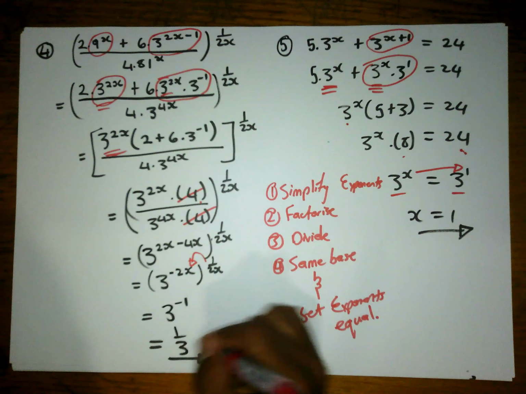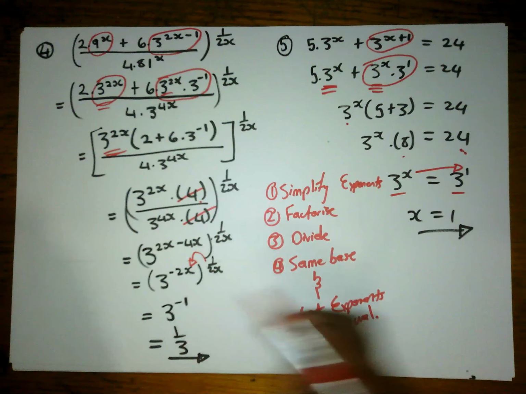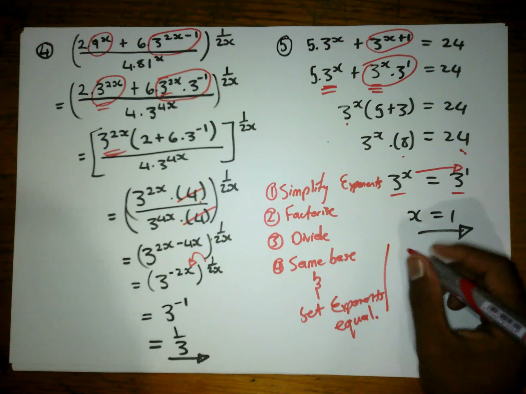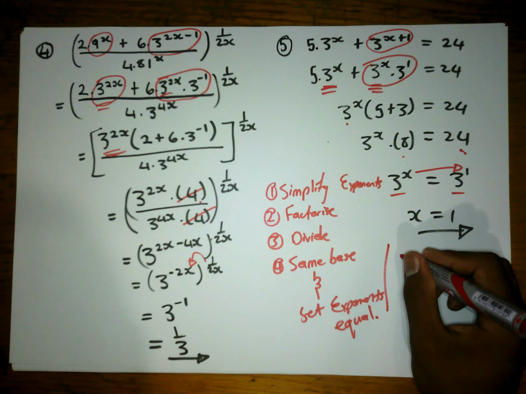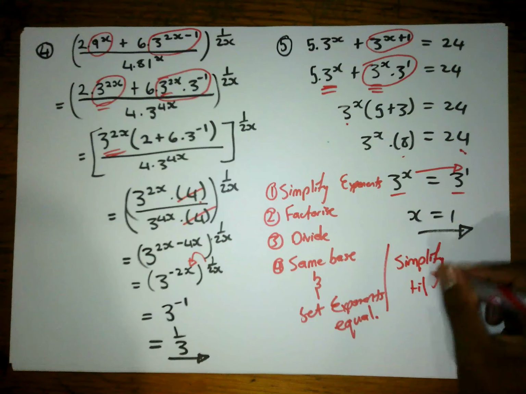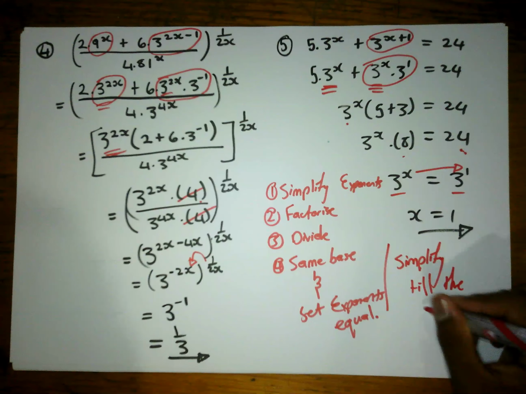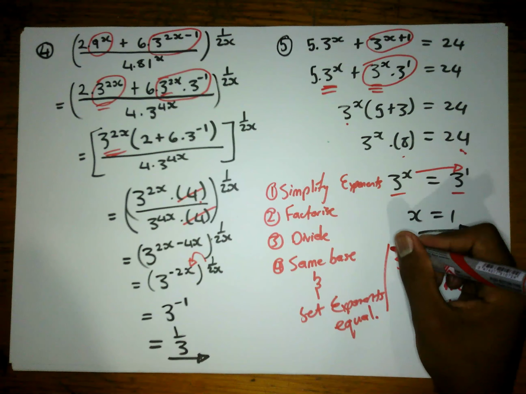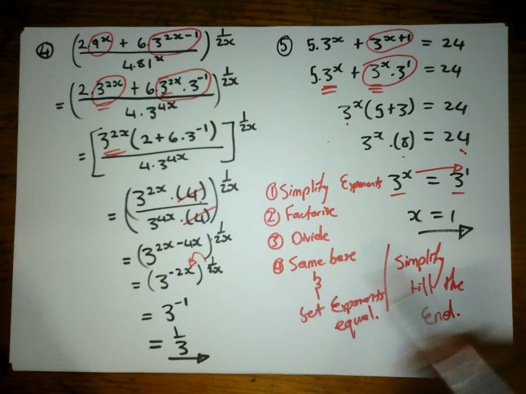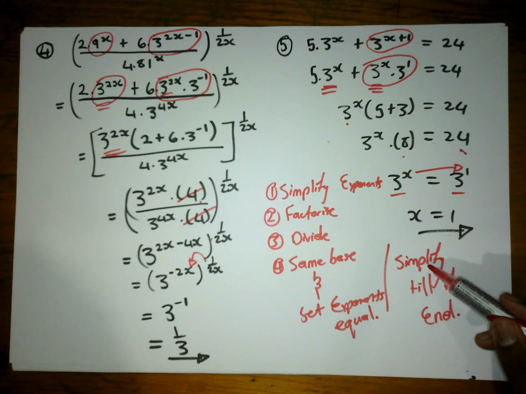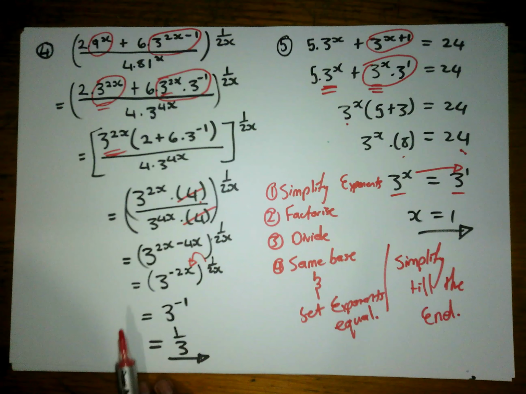Here we didn't set the exponents equal, because we're going to simplify till the end. So it's either this one, if we're going to get an equation like this, or it's this one, if we get an equation like this one here. Always it'll be like this.